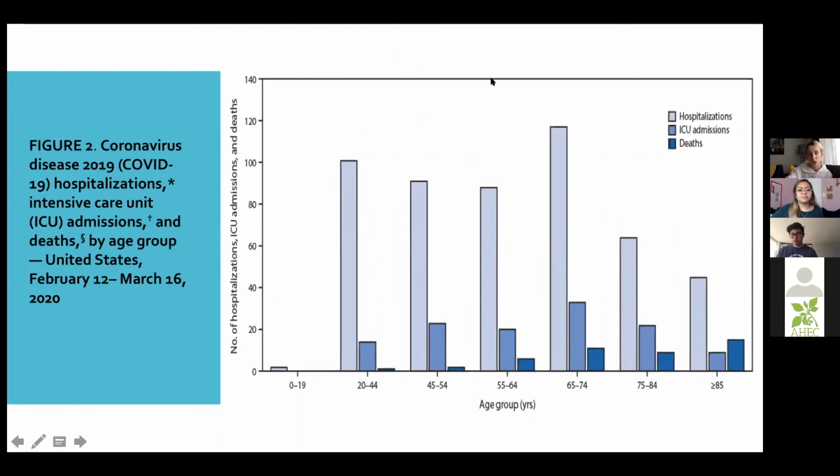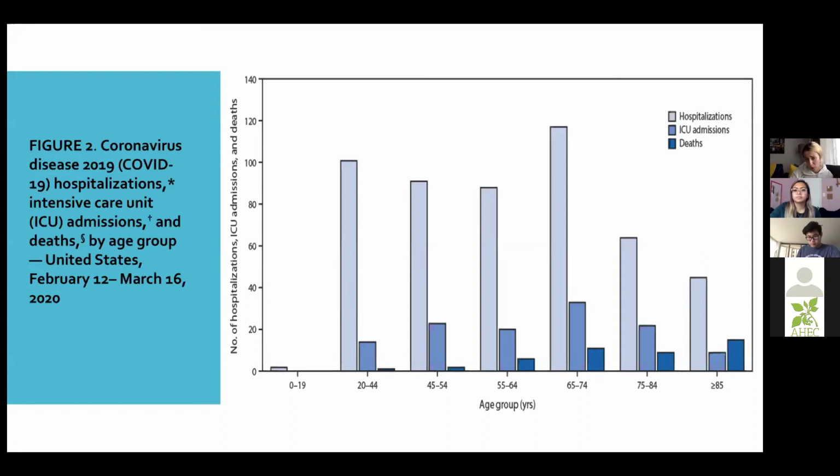Okay, so you guys see the beautiful graph, right? On the left side, on the vertical axis, we see the number of hospitalizations, ICU admissions, and deaths. And on the x-axis, we see the age group. So what we see here is coronavirus disease 2019 by age group in the United States from February 12 to March 16, 2020.